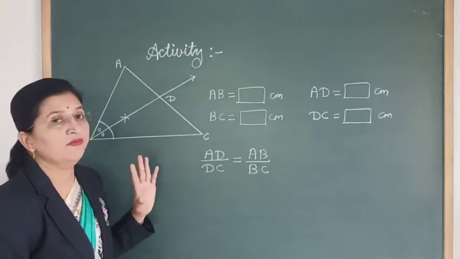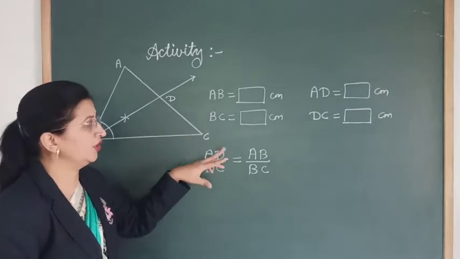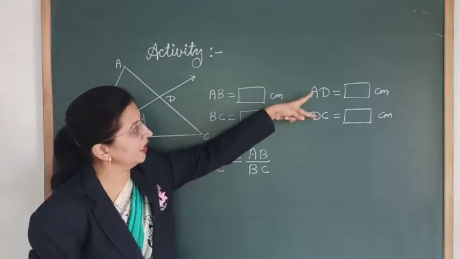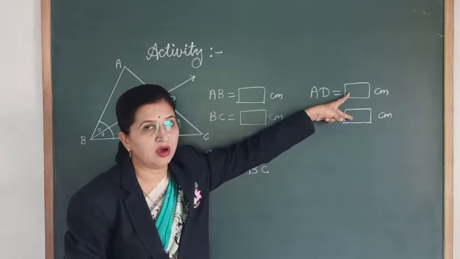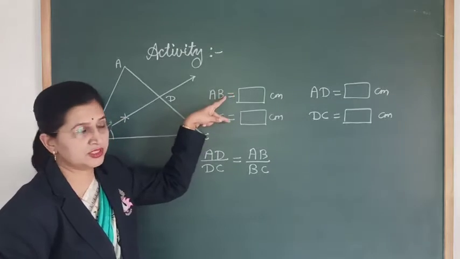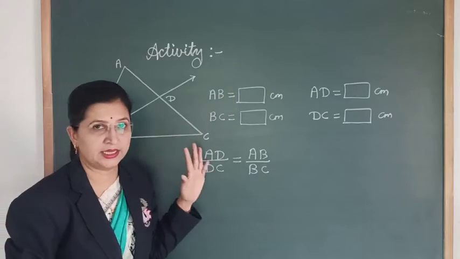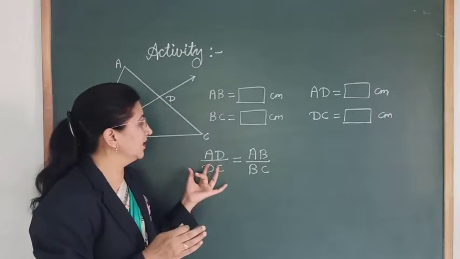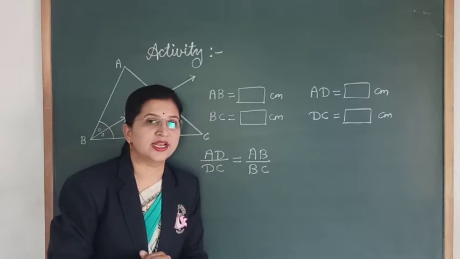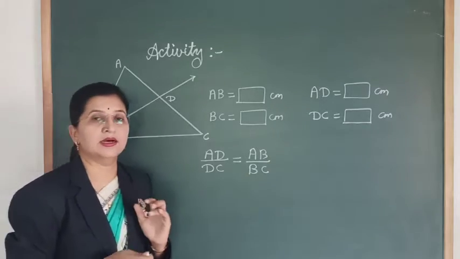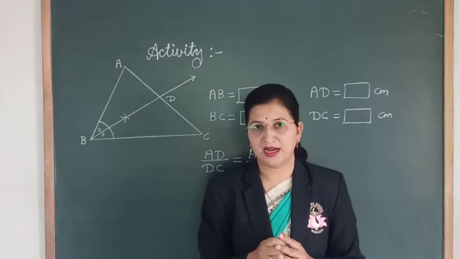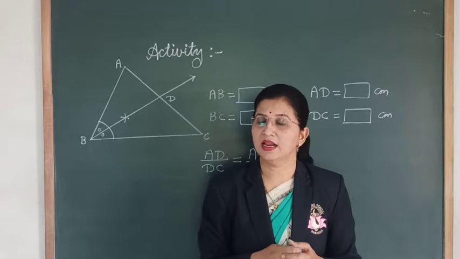So here if you find the ratio of AD upon DC, and the ratio of AB upon BC, you will find that these ratios are almost the same. So dear students, this is the property of the angle bisector of a triangle, or we can say the theorem of angle bisector.